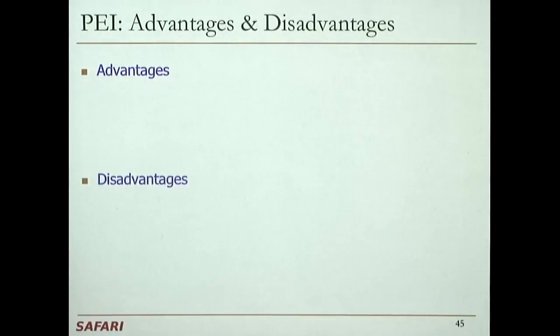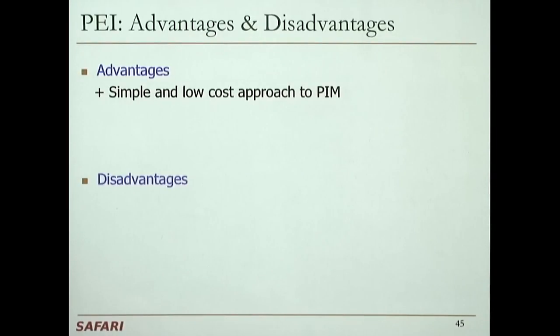OK, let's look at the advantages and disadvantages of this also. I'm not going to do this with all of the ideas that I'm going to cover in this lecture, but you should always be thinking about advantages and disadvantages of any mechanism that's thrown at you. So this is simple and low cost, right? This doesn't change a whole lot in the system. I don't know if it's the simplest. Again, I cannot theoretically prove that this is the simplest. It'd be nice.